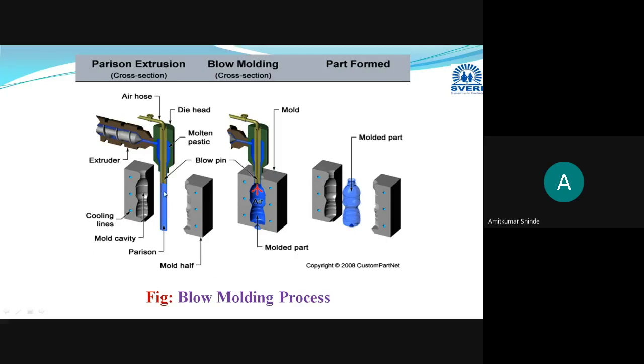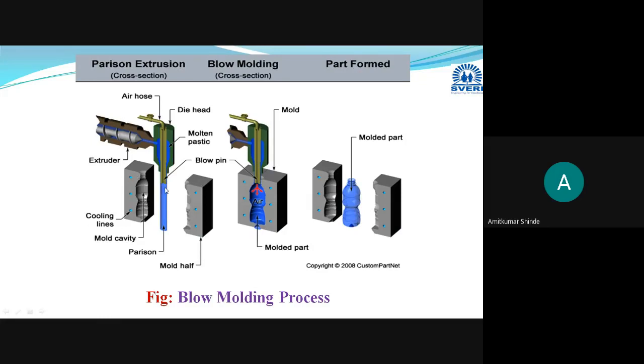Initially the parison is manufactured. Parison, also termed the preform, is a hot hollow tube made of thermoplastic material, and it is placed in the mold cavity.